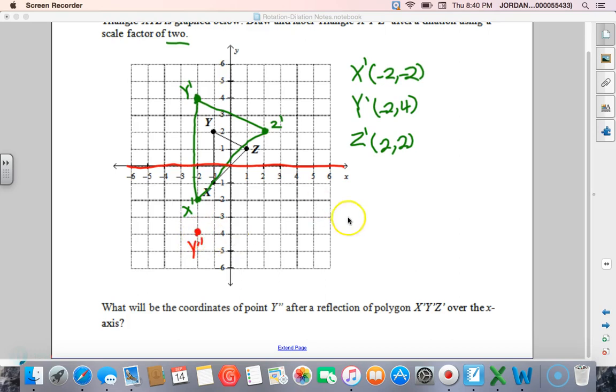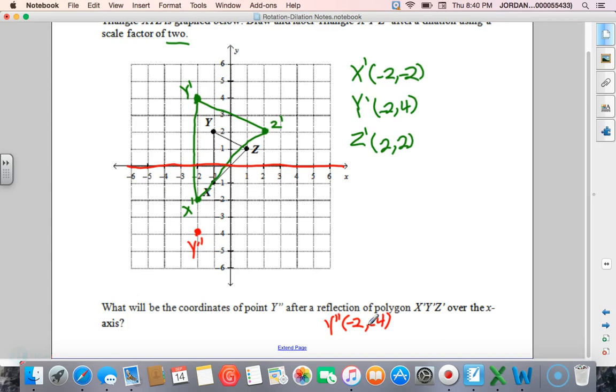So right here's where the Y double prime would be. So we can say that Y double prime is going to have the coordinates -2, -4.